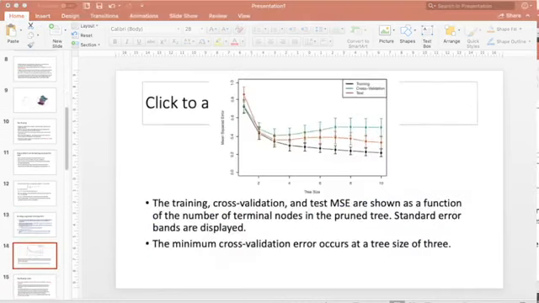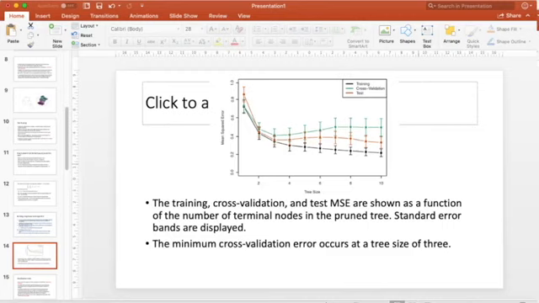So this graph shows an example of how to choose the right size of the tree. You can see that the horizontal axis here is the tree size. As you increase the size of the tree, as you increase the number of terminal nodes in the tree, you can see that the mean squared error for the black curve, which corresponds to the training data set, reduces. Why?